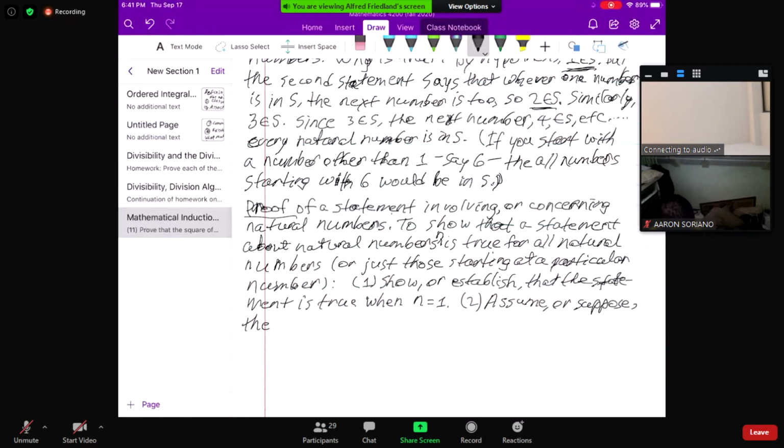Suppose the statement is true for any natural number k. To avoid using the word assume or suppose, that just means you're going to use it.